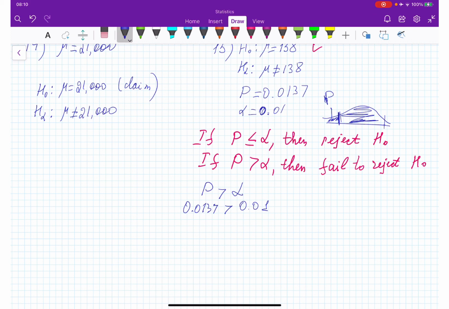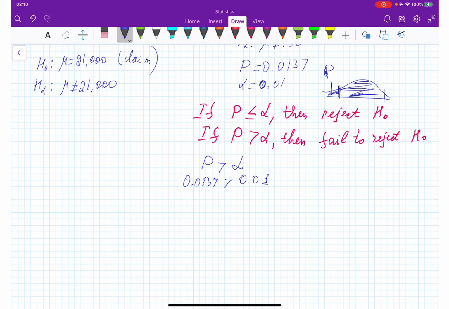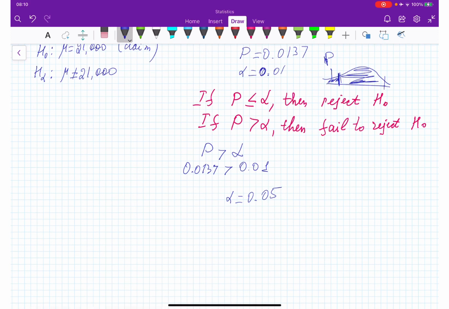That was for significance level 0.01. Now let's take significance level 0.05. Then what's going to happen? My p-value is 0.0137 and alpha is 0.05.